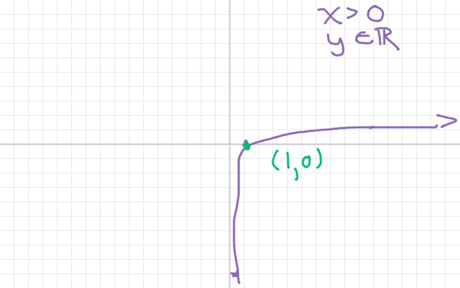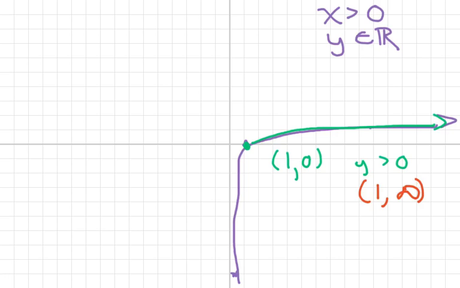Where is y positive? Y is positive where x is in between 1 and infinity. We're looking at the x. All right.